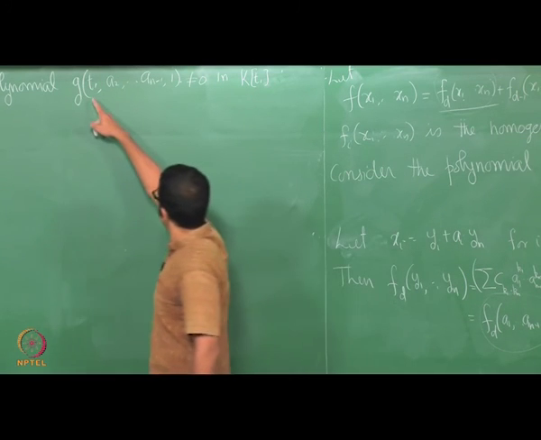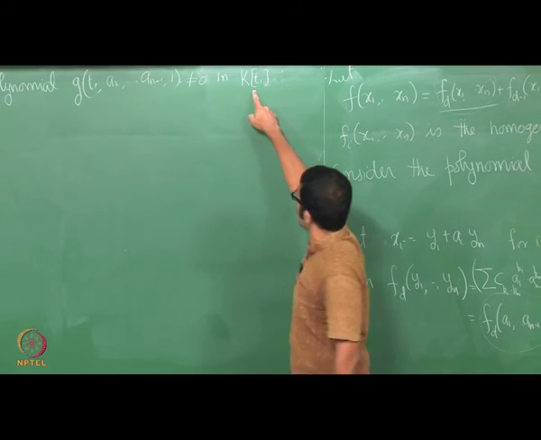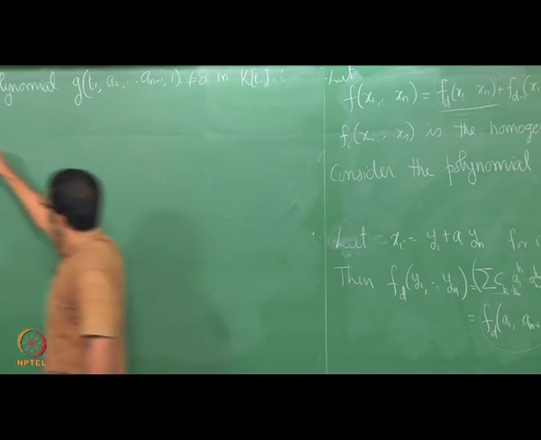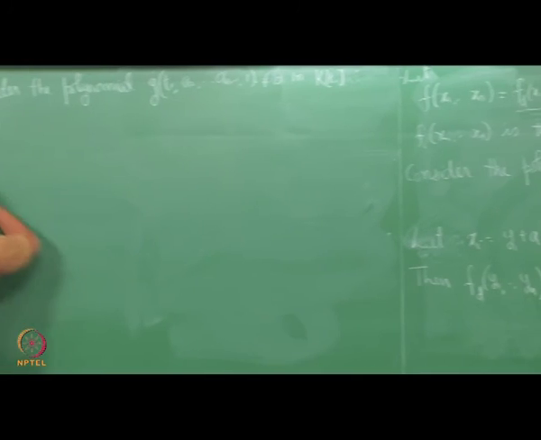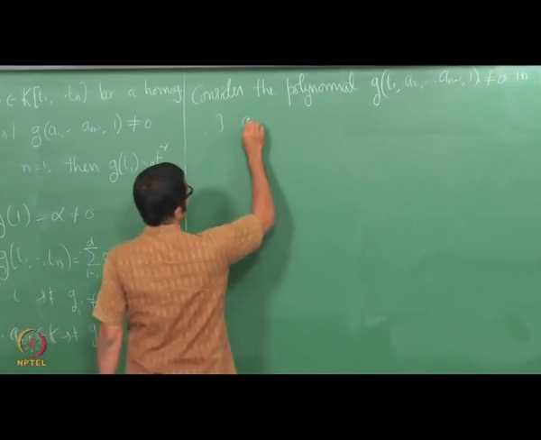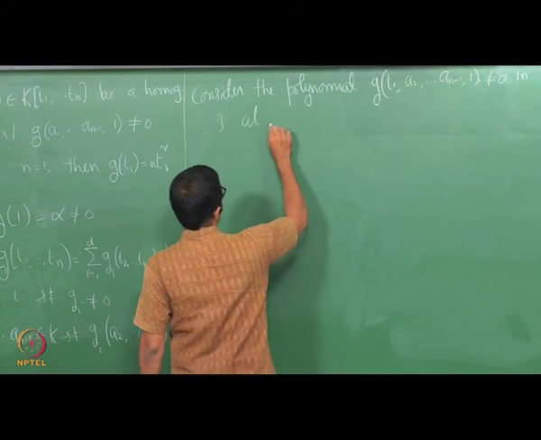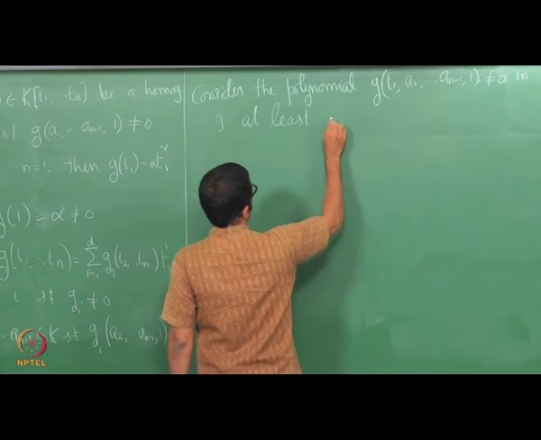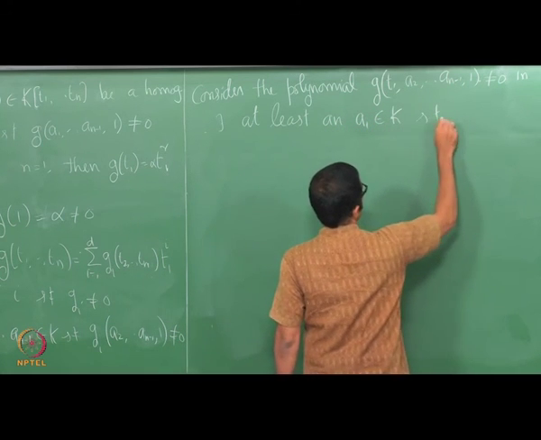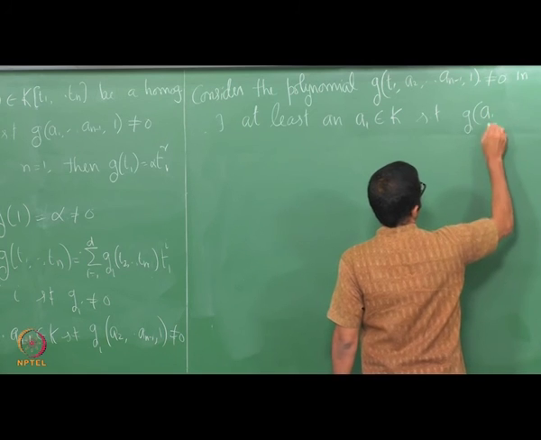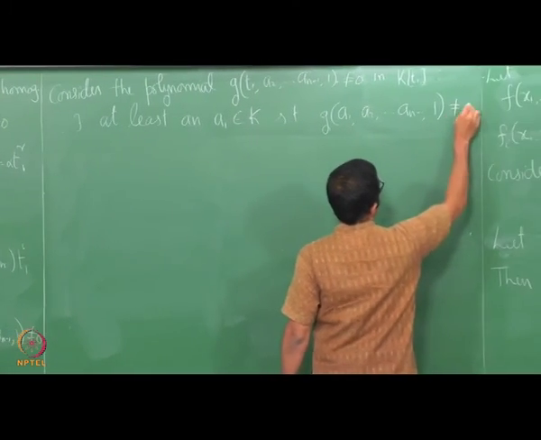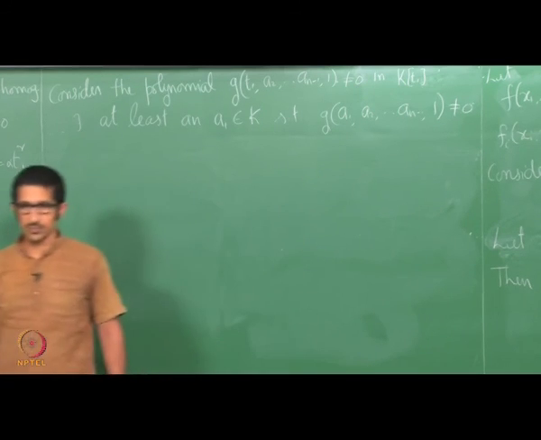Therefore, since k is infinite, there exists at least an a1 in k such that g(a1, a2, up to an minus 1) is non-zero, and that is precisely what we want to do.